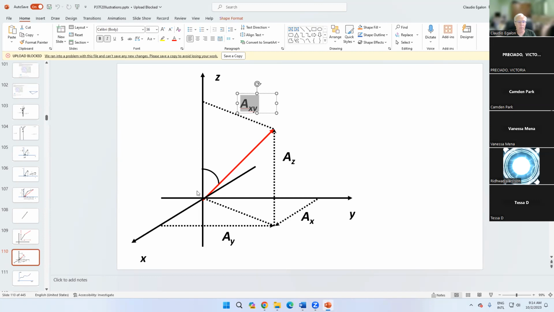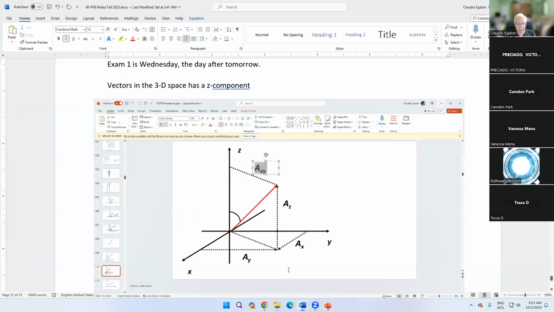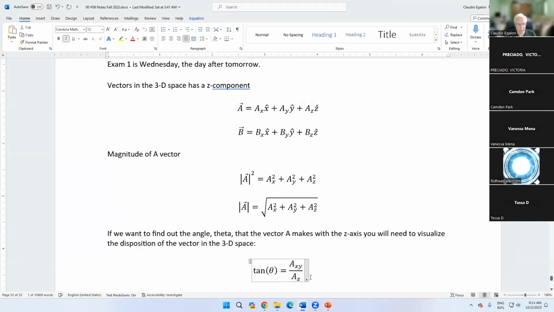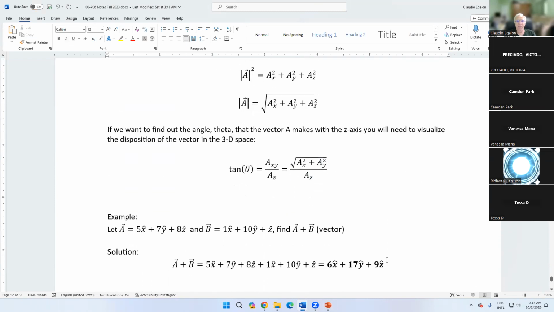And going back there, we can replace my AXY with this value here.